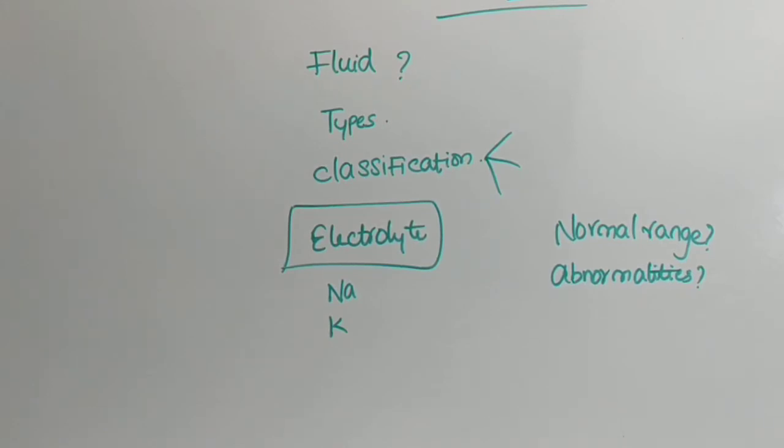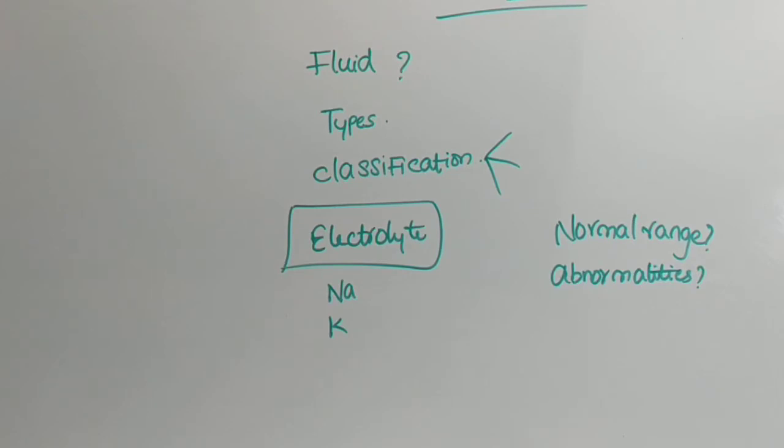Is it clear? Normally fluid loss is seen in each and every individual. 500 ml is through skin, 400 ml is through lungs, and 100 ml is through stool and urine output. So 500 plus 400 is 900, and the last 100 ml is through stool and urine.